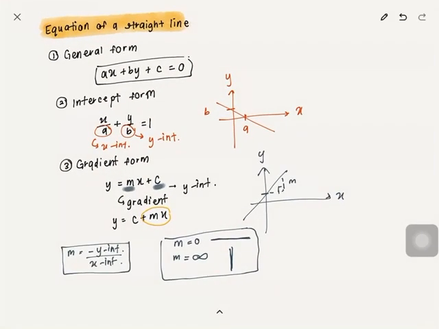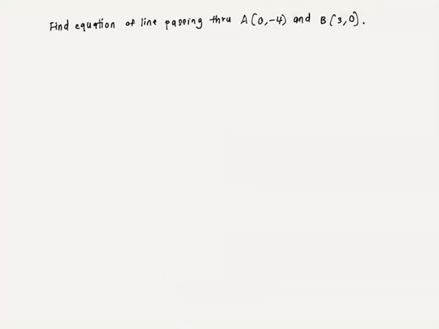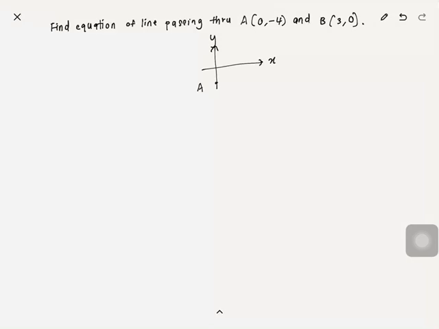You can just use the intercept form, and the reason is because you are already given the x and y intercept. If you cannot visualize this, I will draw this for you. So A will be (0, -4), A will be here, and then B will be (3, 0). It will be somewhere here. So as you can see, we already have the x-intercept and y-intercept.